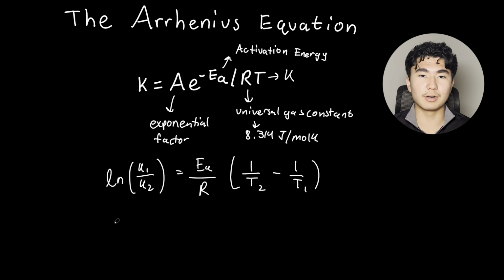And now let's look at a plot of our Arrhenius equation, or our ln k versus 1 over temperature. Now, one of the biggest things to look at is our y equals mx plus b format.